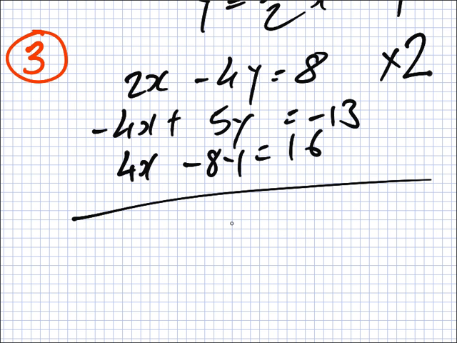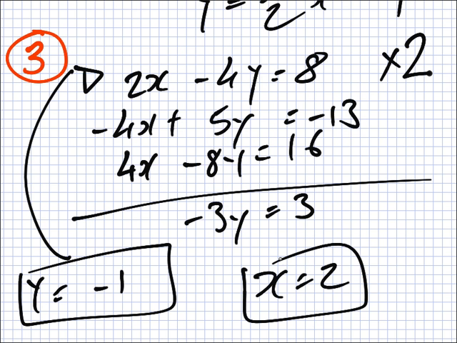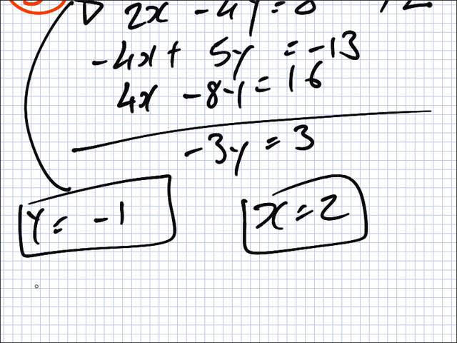Add together: minus 3y equals 3. So did you get y equals minus 1? And if you sub that in there, x equals 2. So 2, minus 1 is the answer. Okay, then you know you got 1 wrong.